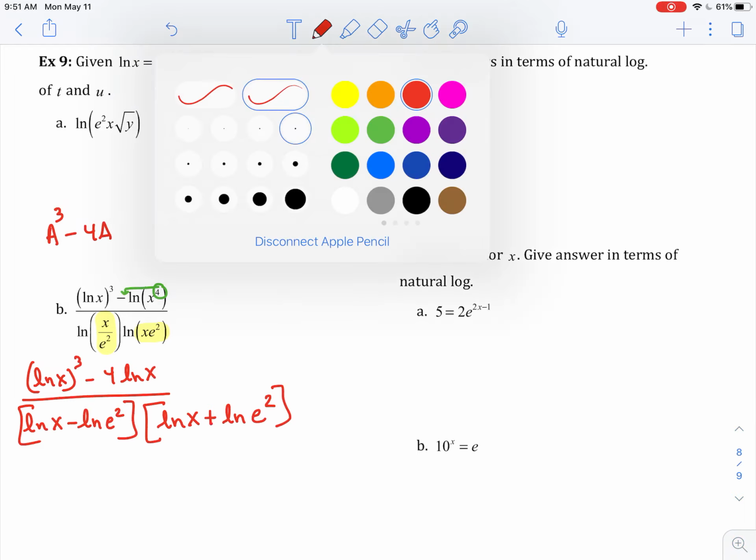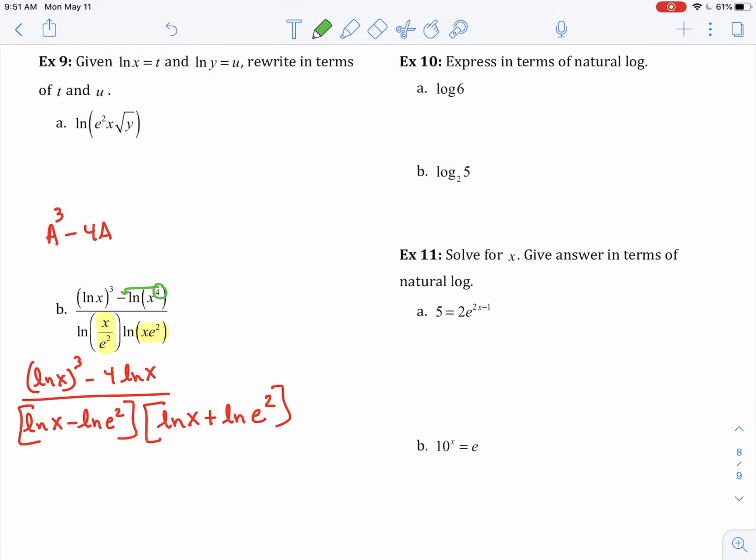And if we simplify each of these, the natural log of e squared is just 2. So in our denominator, we're really just looking at the natural log of x minus 2, and this is the natural log of x plus 2. And up above here, keep in mind, if we think of that natural log of x like a big old A, we have something being cubed minus 4 times that exact same something.